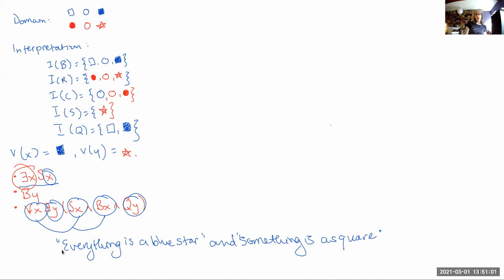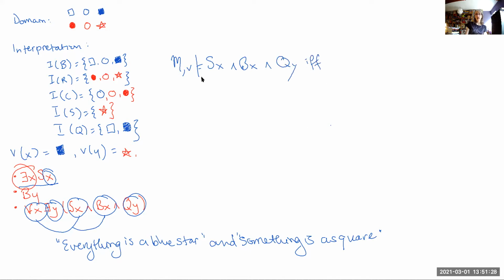So here, what we would be looking at is, let me say it a different way. Let's start off with the formula without any quantifiers and just ask ourselves, what's the status of this one? So Sx and Bx and Qy.